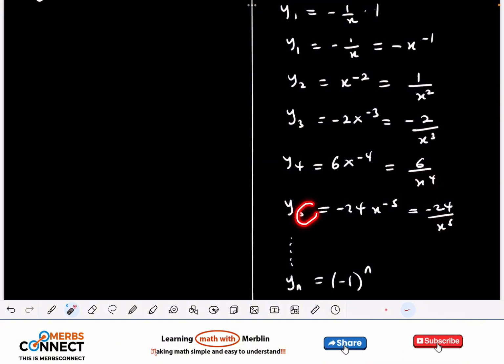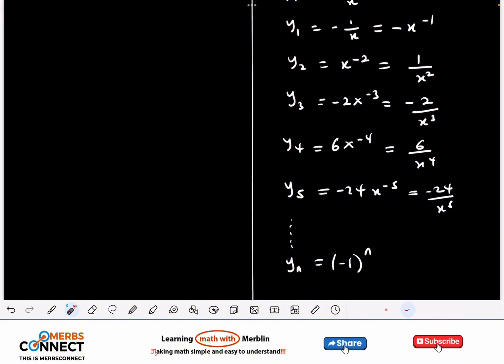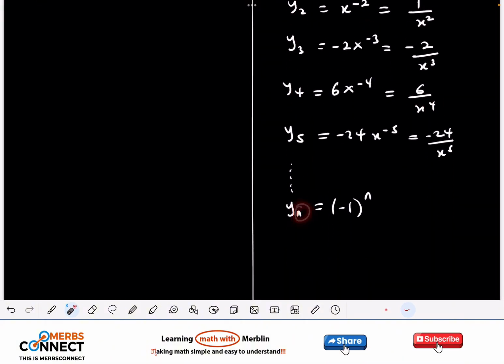And they were going with the number of times we differentiate. So it means that if this one is n, then we are going to have this one to be x to the power minus n, right?